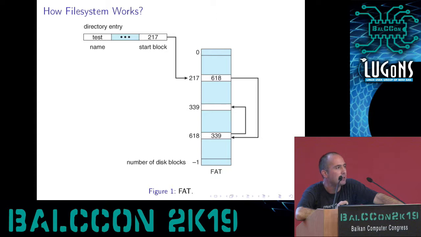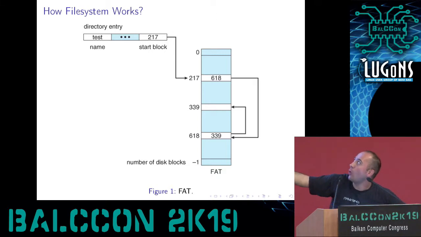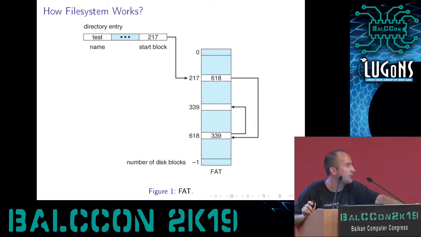So what happens when we delete a file? What would Windows do in this case? Well, basically it is going to delete only the directory entry, which means that the data itself is still on the hard disk drive, and it becomes so-called empty space.